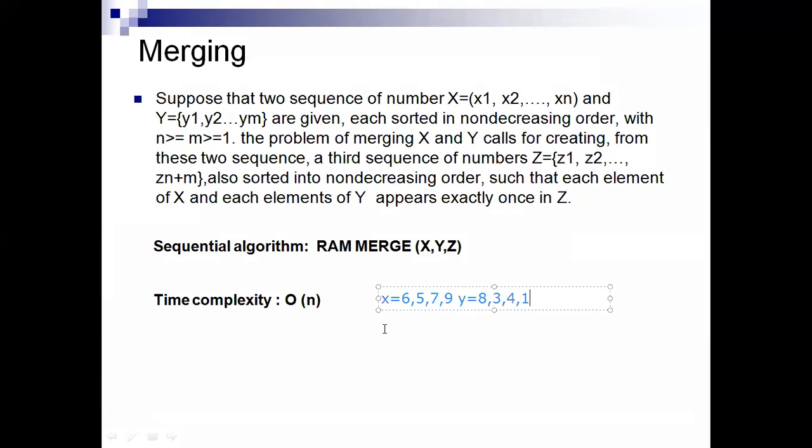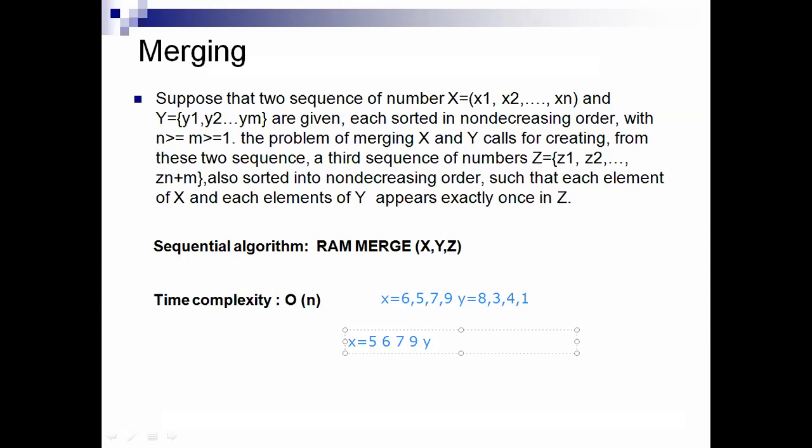So by using some sorting techniques, bubble sort or any other sorting technique, I sort the x elements. Then I get these x values: 5, 6, 7, 9.